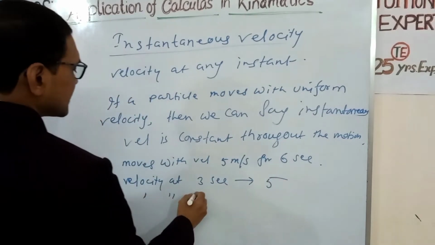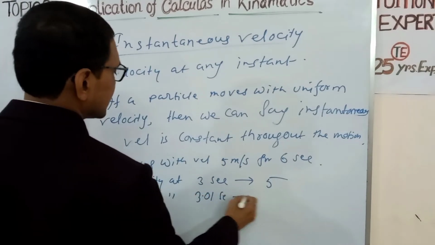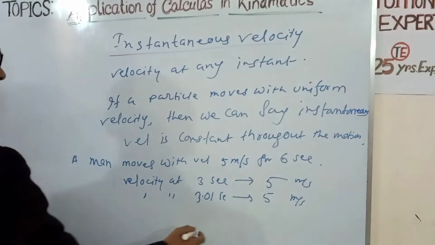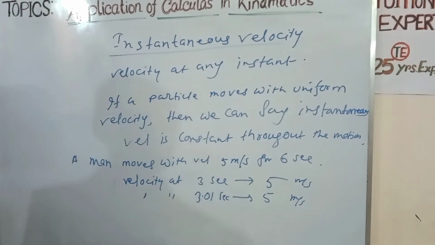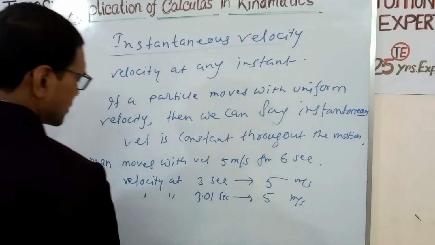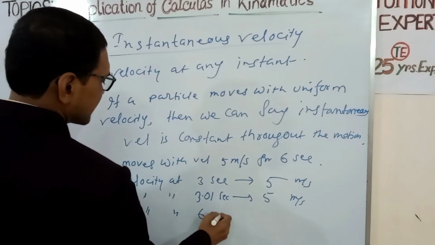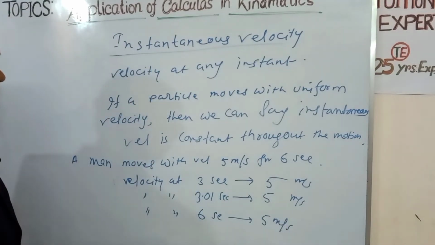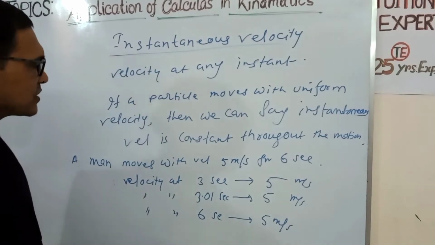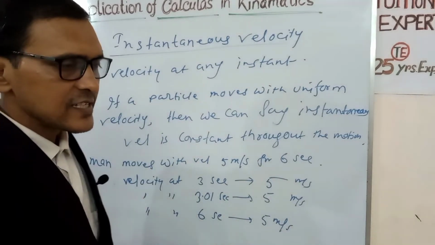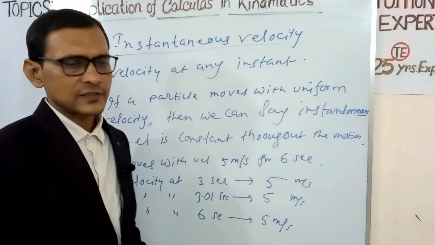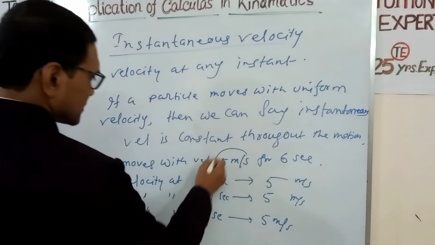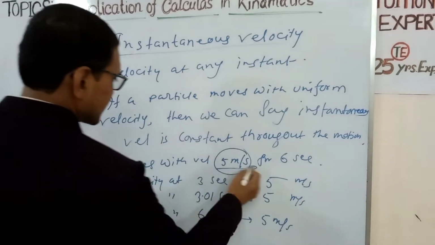Velocity at 3.01 second is 5 meter per second. So at every second and at every moment velocity is constant. Velocity at 6 second, what? 5 meter per second. So when the body moves with uniform velocity, then instantaneous velocity is the same throughout the motion. It has no change, and the velocity at any moment is this.